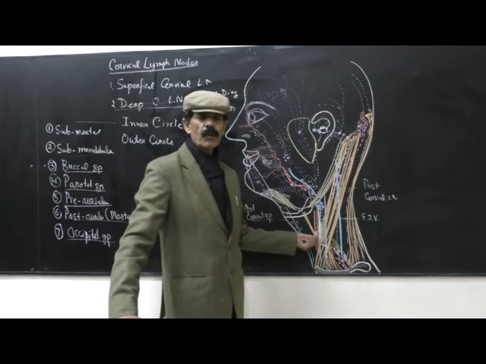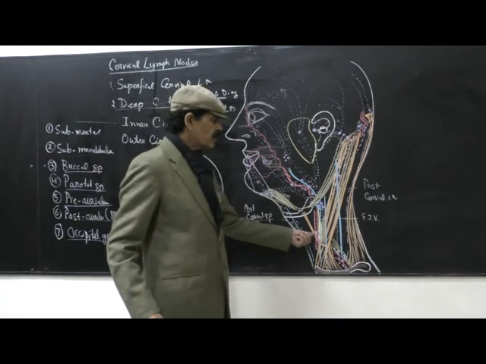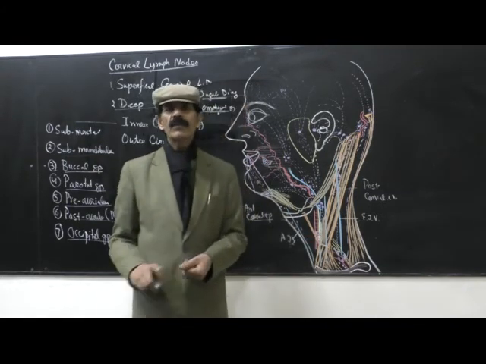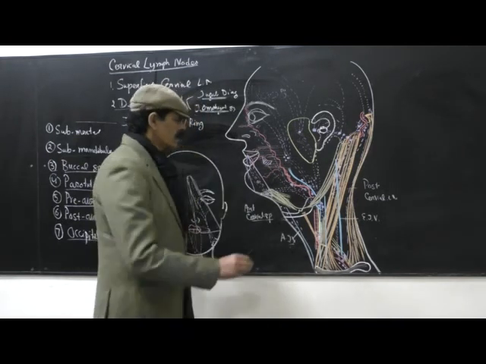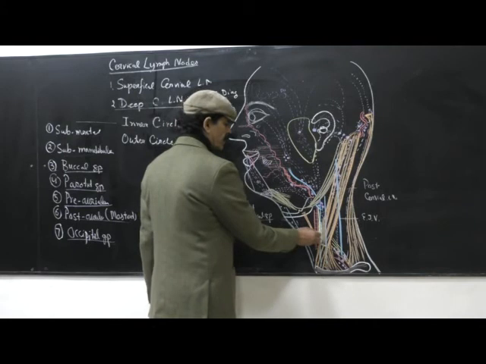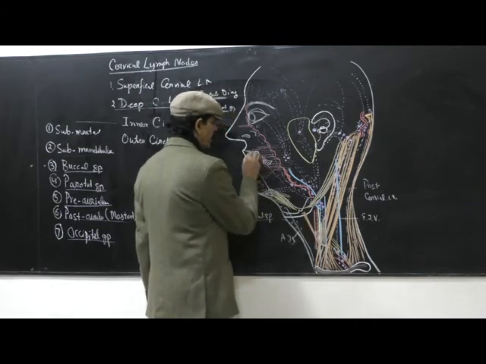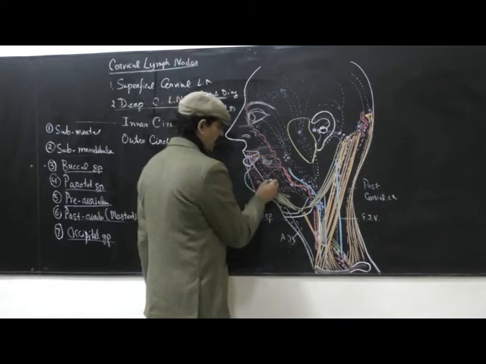This is a deep group of the cervical lymph nodes. And the afferents of this: the jugulo-omohyoid is mainly called the lymph node of the tongue, because the afferents come from the anterior 2/3 of the tongue. Mainly the anterior 2/3.